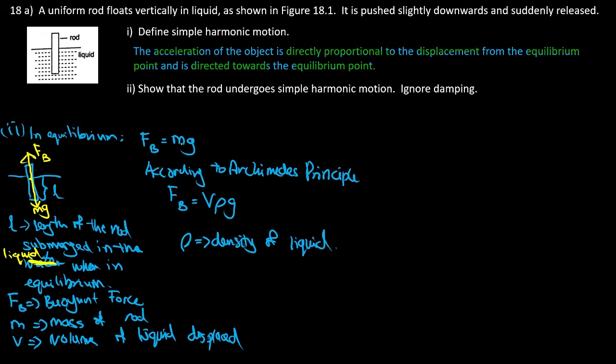According to these two equations, you will have a new equation, which is V rho g equal to mg. How do you calculate V?